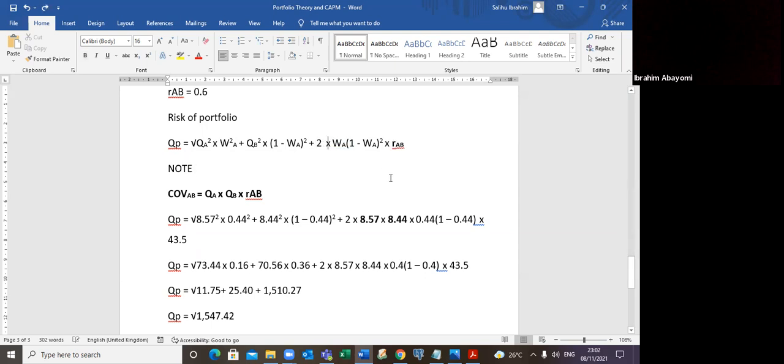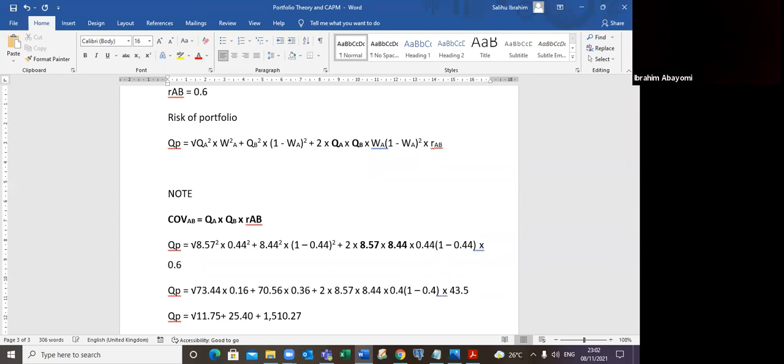But the moment I have standard deviation of A and standard deviation of B, I'm not supposed to use covariance again. I'm supposed to use correlation. So this should be 0.6. There are two different formulas, but it's still the same formula.